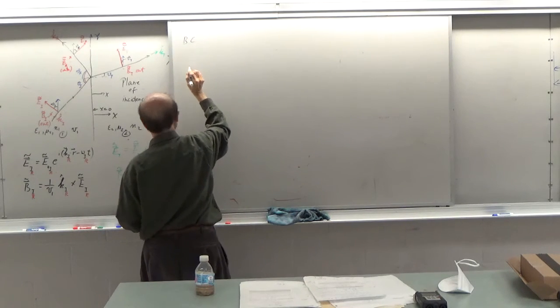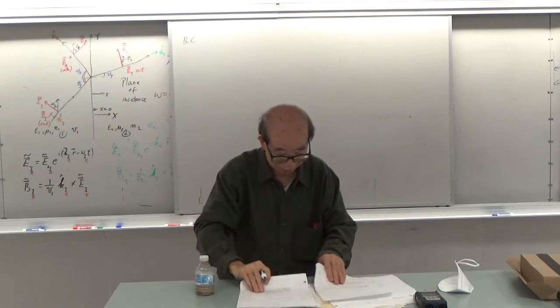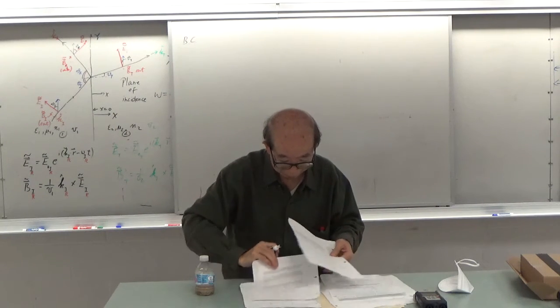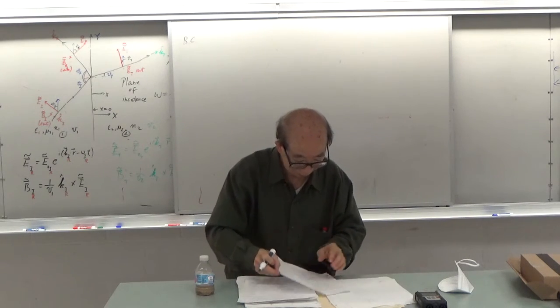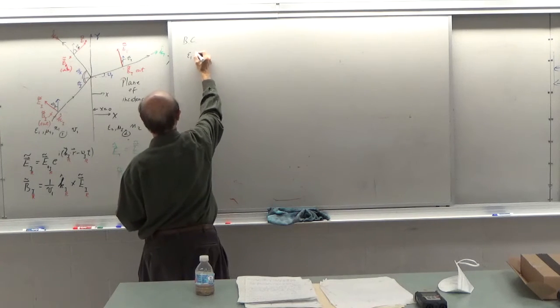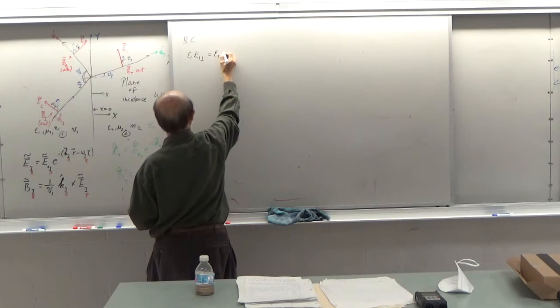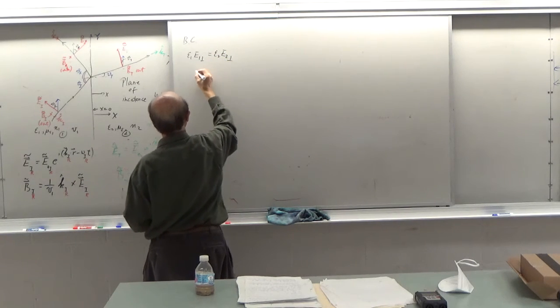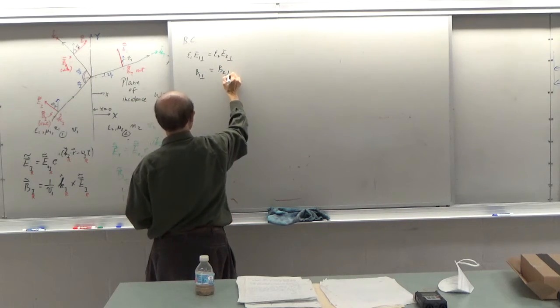There are 4 of them. In order to make sure that I do not make stupid mistakes: epsilon 1 E1 perpendicular is equal to epsilon 2 E2 perpendicular. Of course, B1 perpendicular is equal to B2 perpendicular.